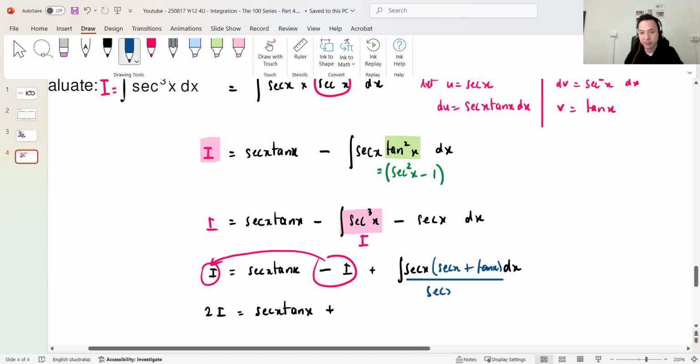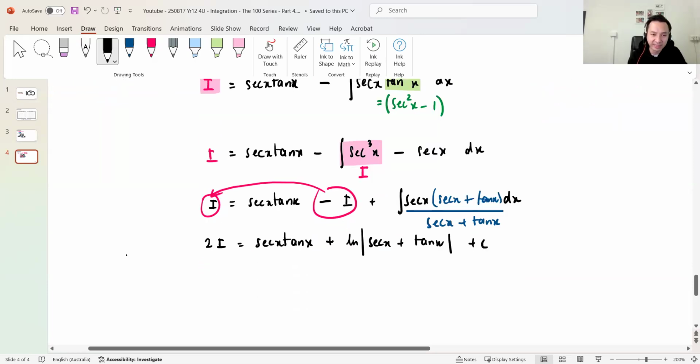Because if you multiply by sec x plus tan x, the derivative of sec x is sec tan, that's on top, plus the derivative of tan x is sec squared, and that's on top as well. So it's ln-able, right? That becomes ln of sec x plus tan x plus c, and then divide the two over, and you have your answer, right?